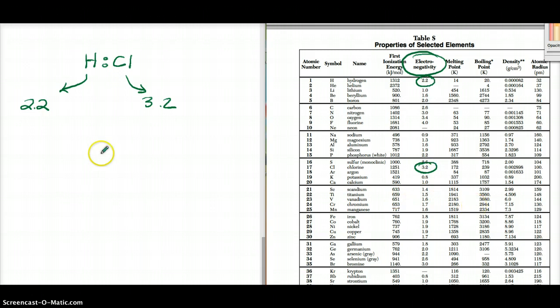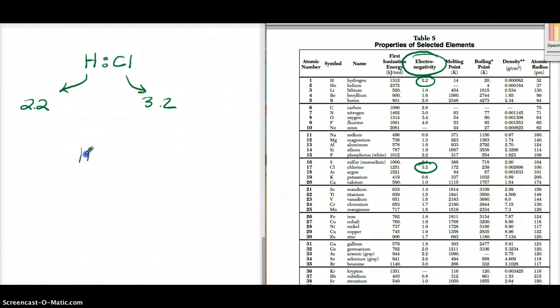So I got the hydrogen's number from right there, and I got the electronegativity of chlorine from right there. So when these two atoms come in contact with each other, this guy is pulling with a strength of 2.2, and this guy is pulling with a strength of 3.2, and they are fighting over these electrons right here in the middle. So chlorine obviously is going to get a bigger share because he is stronger than hydrogen.